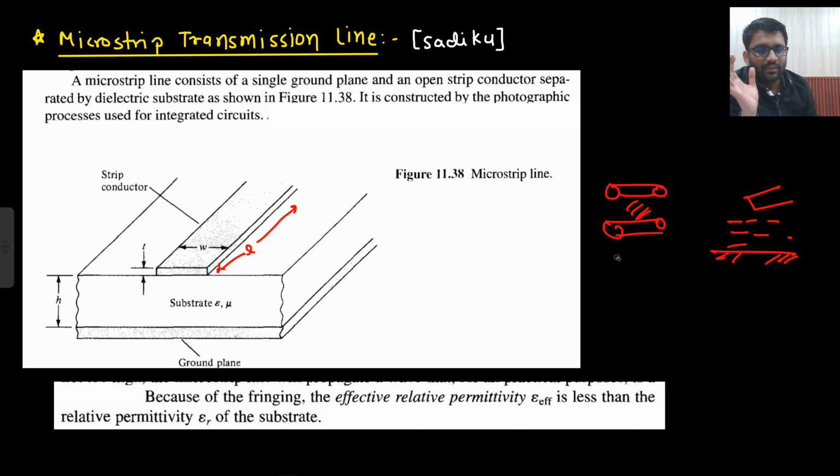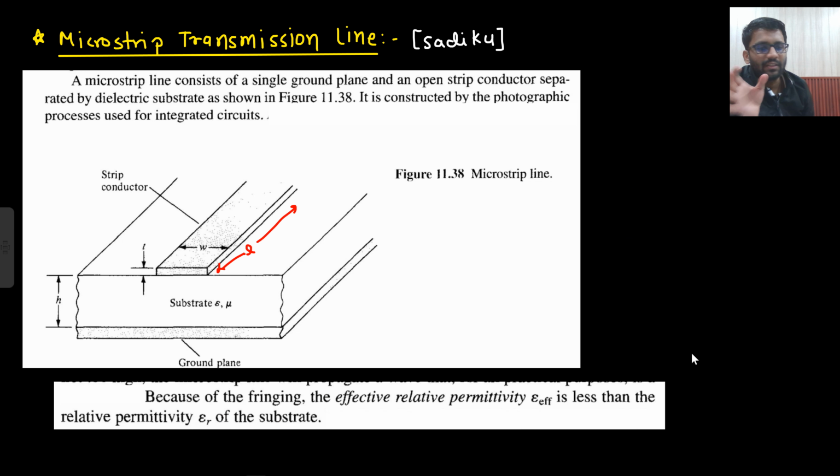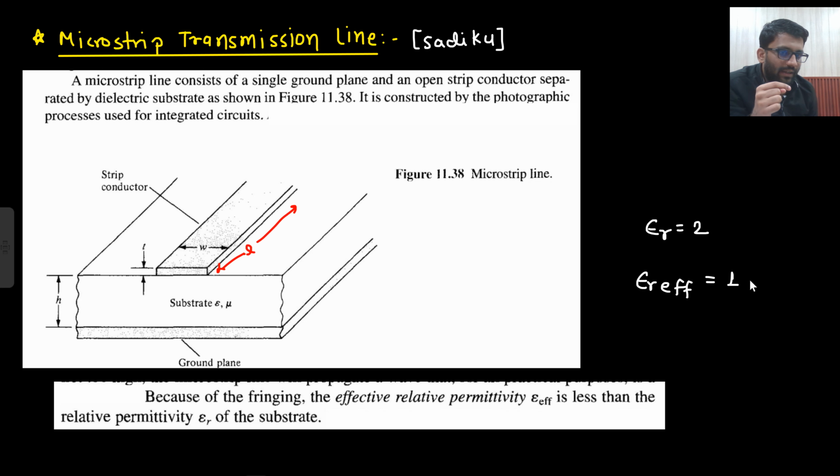Right. Now there is something called fringing. What do you mean by fringing? That you don't need to care. You don't need to worry about what fringing means. That we don't need to study. But because of fringing, what happens? Let's just say the material that you are using has a relative permittivity of 2. So because of fringing, the effective relative permittivity will decrease. It could be somewhat around 1.8, or it could be anything. It depends on some parameters, which you don't need to worry about.